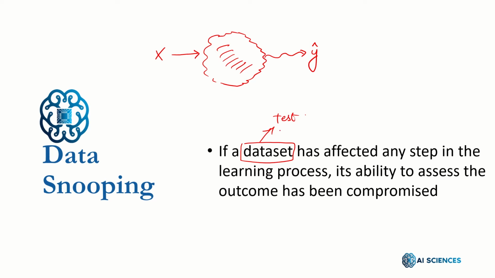And then if at any stage we use the data, which is sometimes referred to as test data, to train our prediction model and help adjust some of its parameters, then after training, if we check the performance of our model on the same test data, which actually helped in the training process, then whatever estimate of the performance we get is not real.